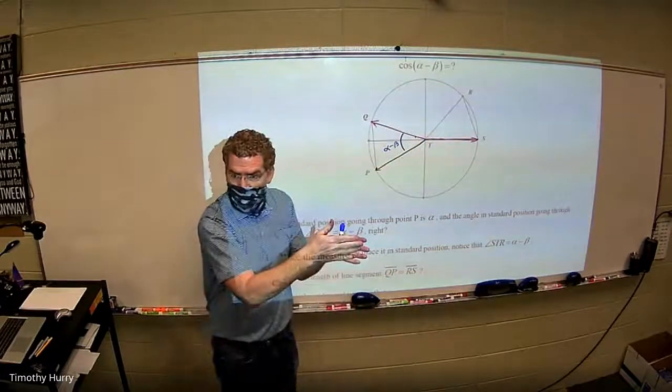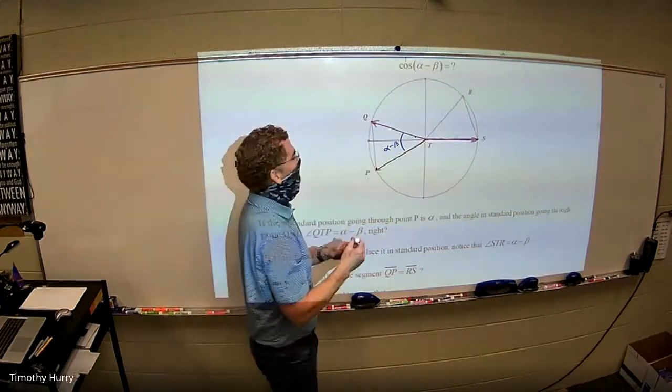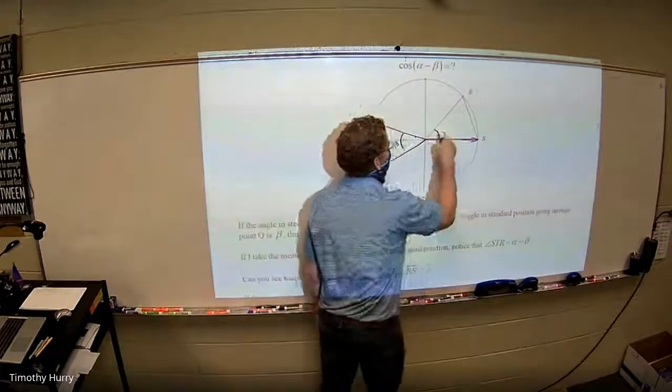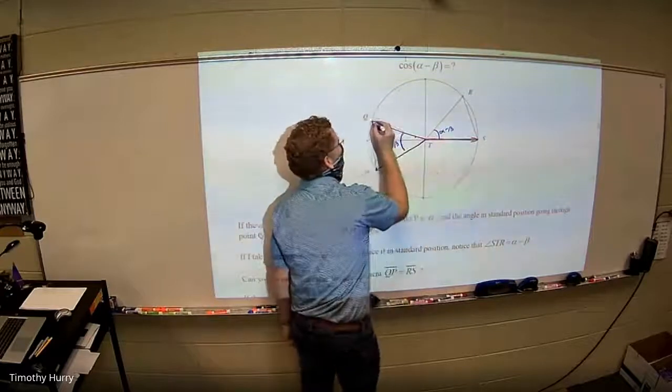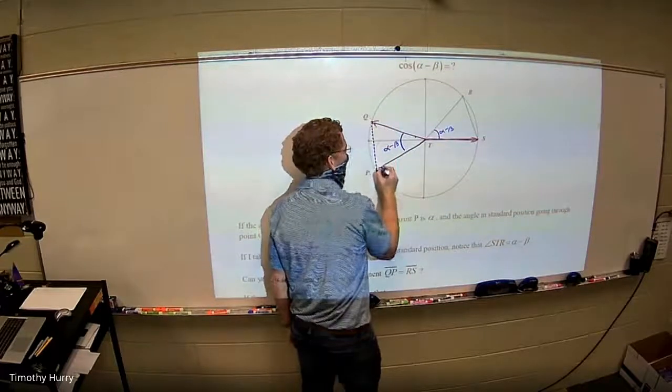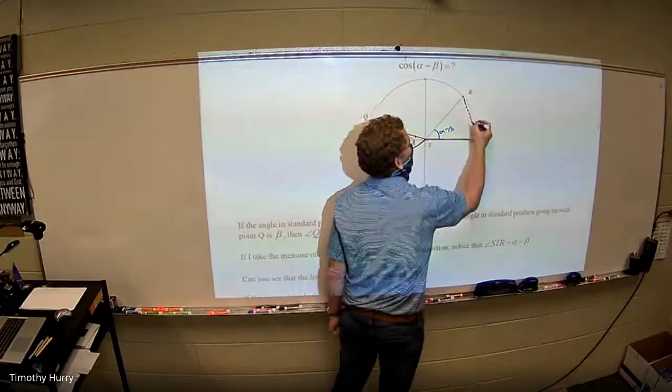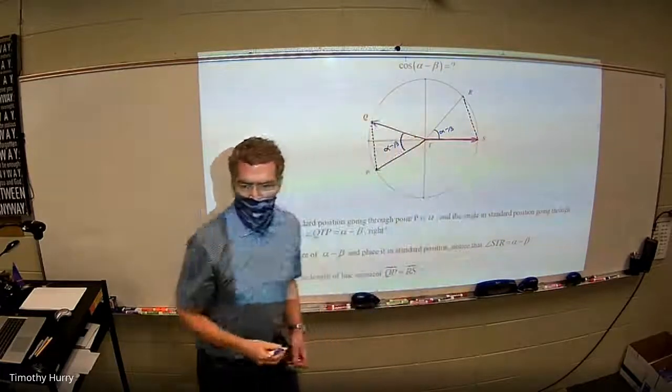And if I did keep them the same so that this had the same measure as that, then wouldn't this length right here have the same length as that? Would that still be true?